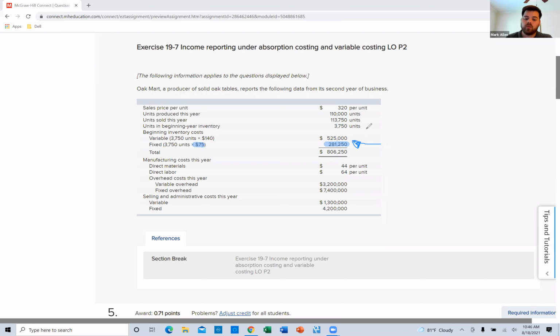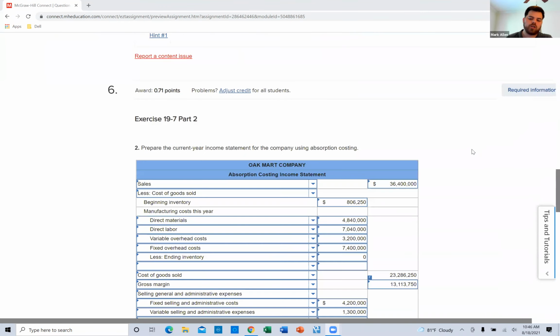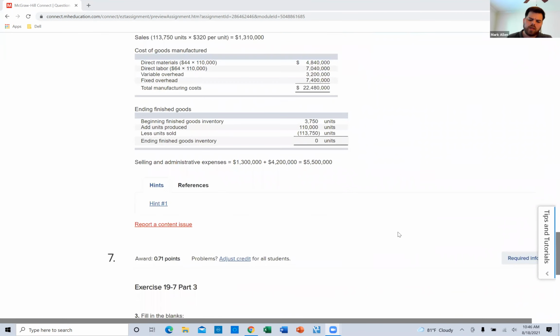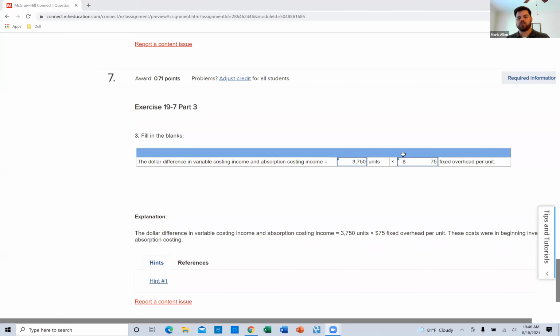But then in the year that we actually sold everything, we ended up having to pull through this extra 281,250 as an expense. Whereas under variable costing, that would have been dealt with in the prior year. So that's the issue here. And that is why we were actually able to show that difference as 281,250. And then, of course, the very last piece here is just making sure that we once again understand where that is coming from. And that is what we see right there.